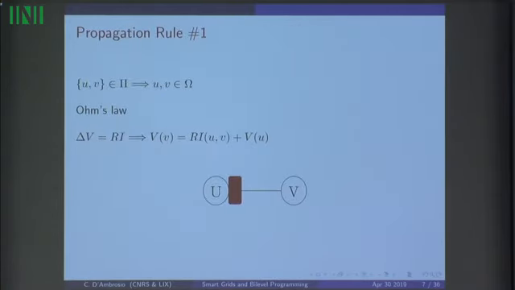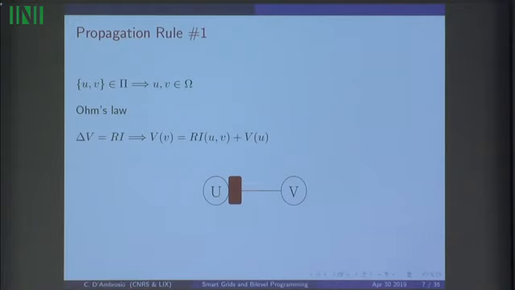Let's go to rule number 1. Suppose we have an edge UV that has a PMU installed. Then we can say that U and V are observed. It's very simple. We represent here the fact that the PMU is on the edge but closer to U, meaning that it will observe the voltage of U and the current on UV.